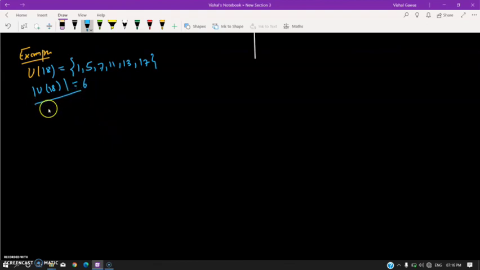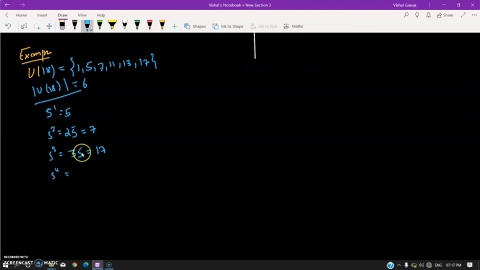Let's look at 5. 5 raised to 1 is 5. 5 squared would be 25, modulo 18 I get 7. Then 5 cubed is 35, which is 17. So the order of 5 has to divide 6, which is not the case for smaller divisors.